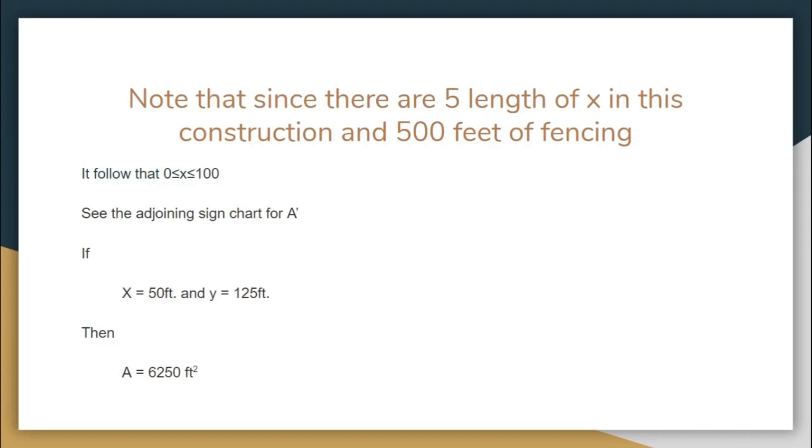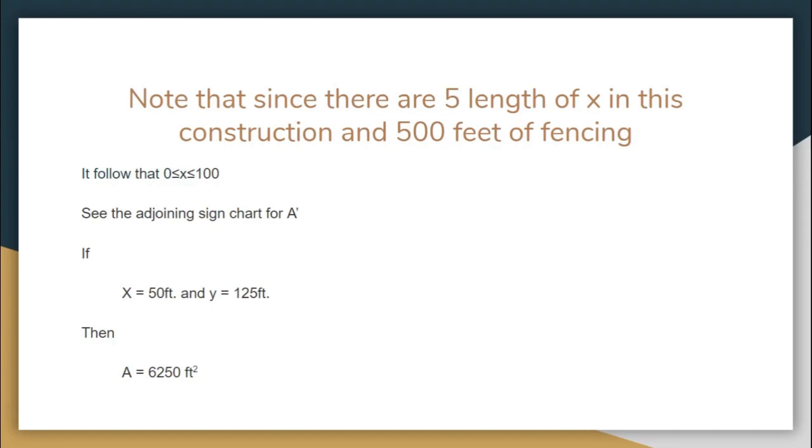Note that since there are 5 lengths of x in this construction and 500 feet of fencing, it follows that 0 is less than x is less than 100.